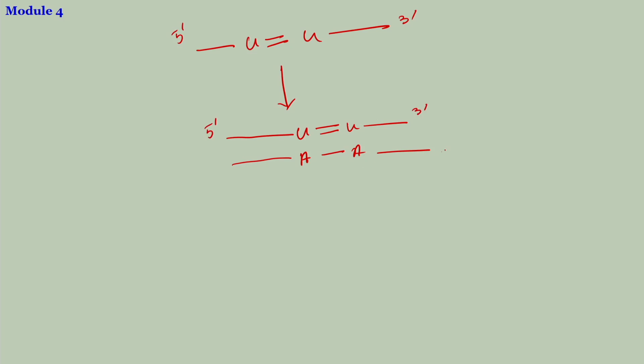So, this is the new strand, and it will take adenine here, and then eventually when this goes for further replication, this should be taken as template and this should be replaced, adenine adenine, and you will have thymine thymine.